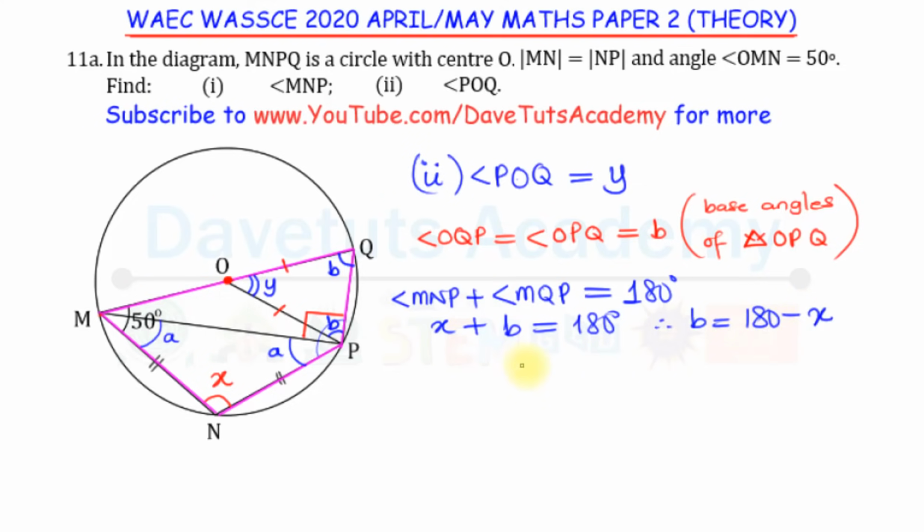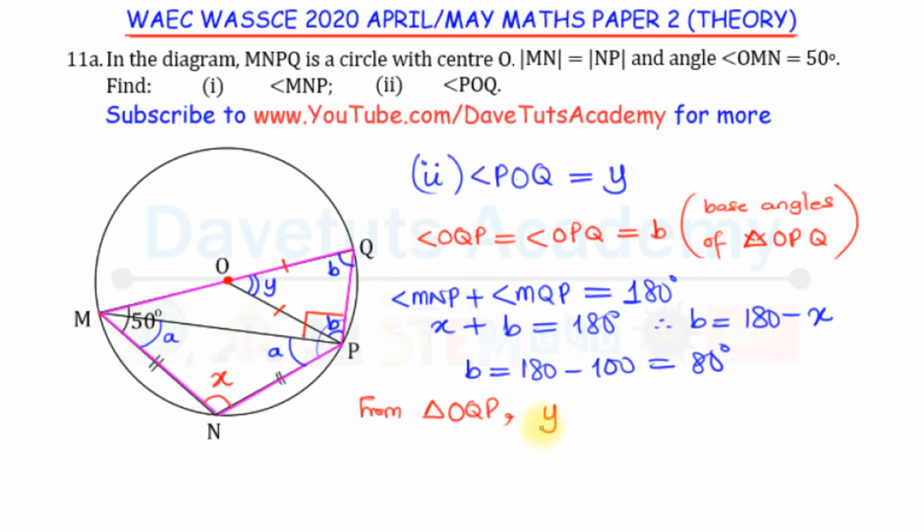And from our previous question, we have gotten x to be 100. So angle B is 180 degrees minus 100 degrees, and that is nothing but 80 degrees. So B here is 80 degrees. Now, from triangle OQP, we can sum the angles in that triangle.